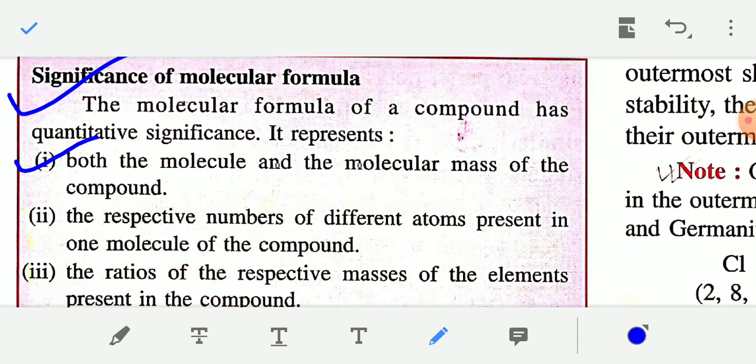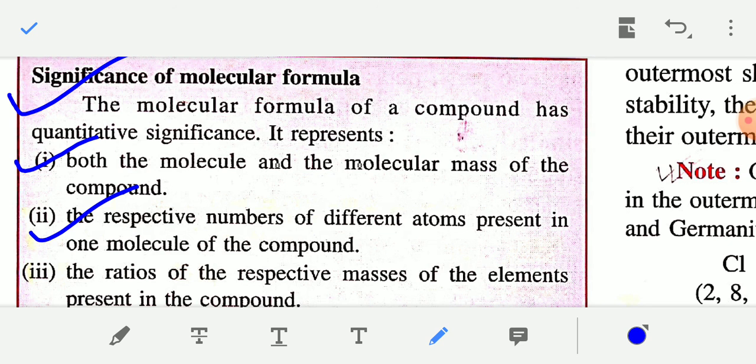It represents the respective number of different atoms present in one molecule of the compound, like in water, two hydrogen atoms and one oxygen atom are present.